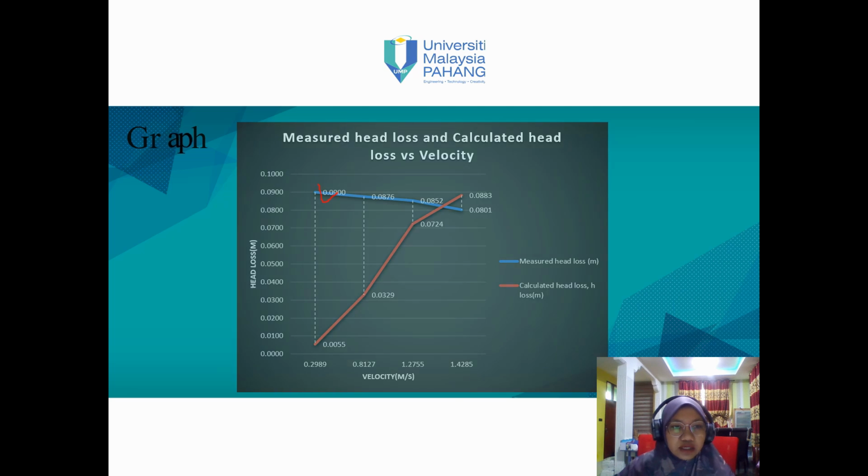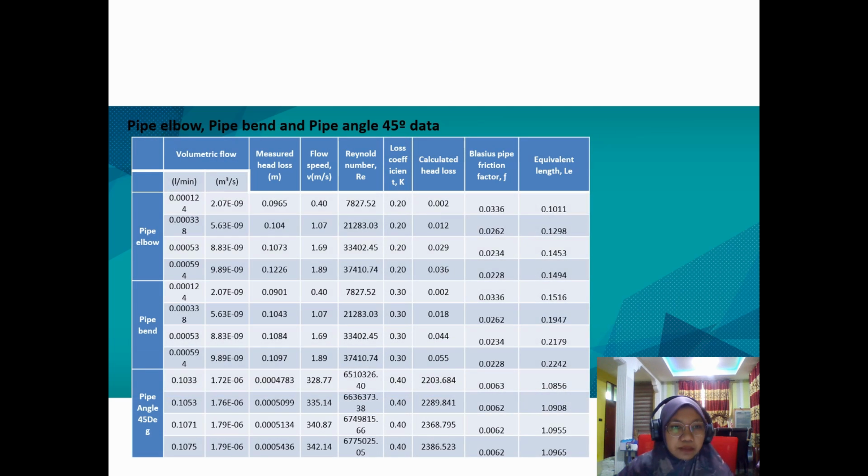Next, we have the pipe elbow, pipe bend, and pipe angle 45 data. From the previous slide, we know that the volumetric flow and the measured head loss are given, and then the flow speed or velocity uses the same formula as the straight pipe, and the Reynolds number. The loss coefficient we get from the graph given in the report, and then we have the calculated head loss.